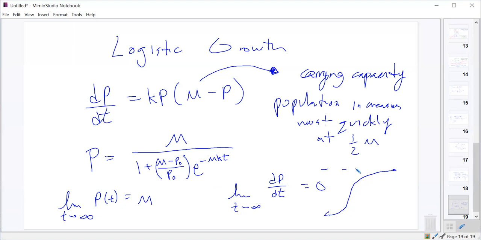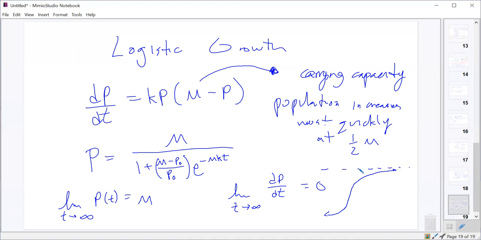And so as we go towards infinity and are approaching this maximum value of our population, we're leveling out so much that effectively we're becoming like a horizontal line as we approach that horizontal asymptote of our population. And so the limit as t goes towards infinity of the rate of change of the population is 0, because effectively it's going towards 0.